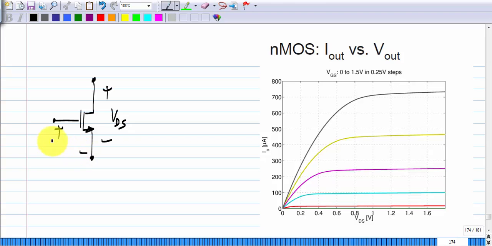So like everything else, there will be approximate models which help us carry out any calculations at all, and there will be more detailed models which will show you all kinds of deviations from the approximate model. The approximate model is square law. This won't be exactly square law, but you can see qualitatively the resemblance, the triode region, the saturation region, and the increase in current with VGS. It's not labeled here, but you can see that VGS has been varied from 0 to 1.5 volts in some small steps.